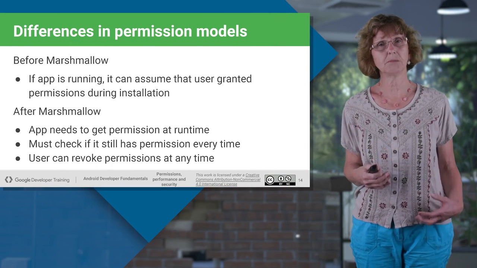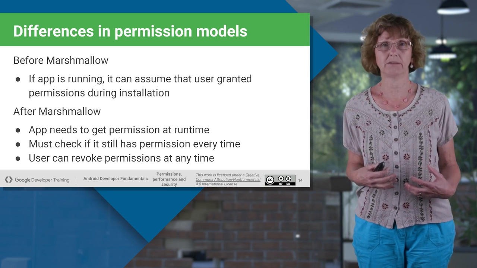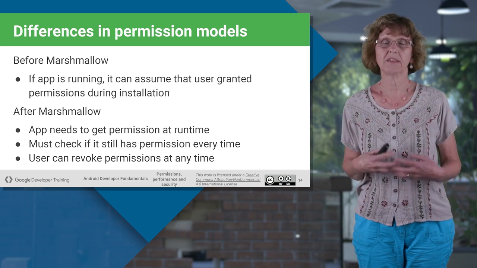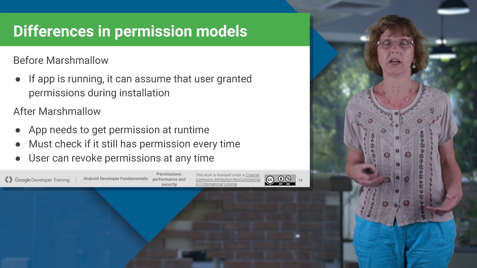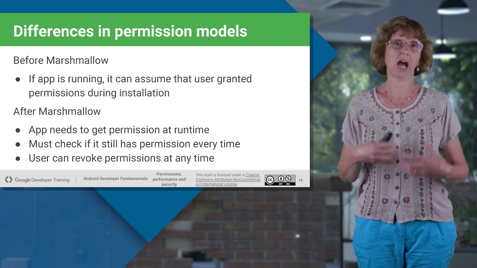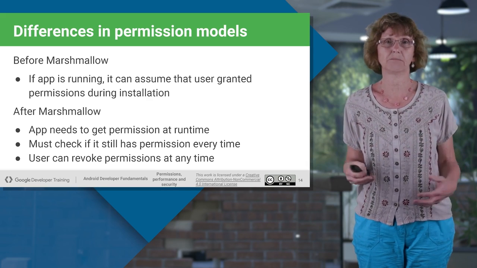So these differences in permission models are something that you, as a developer, need to bear in mind. Before Marshmallow, if the app was running, then the app can assume that the user gave all the permissions it needed. When your app wants to do something that needs permission, it will just think, hey, I'm installed. The user gave me all the permissions I need, and it can go ahead and proceed.